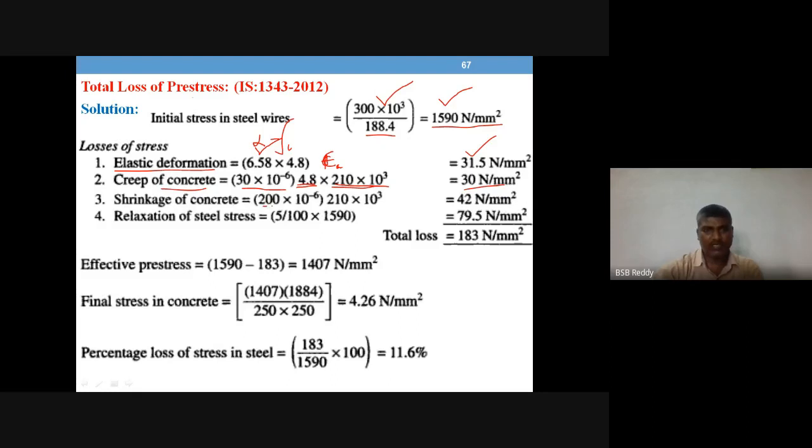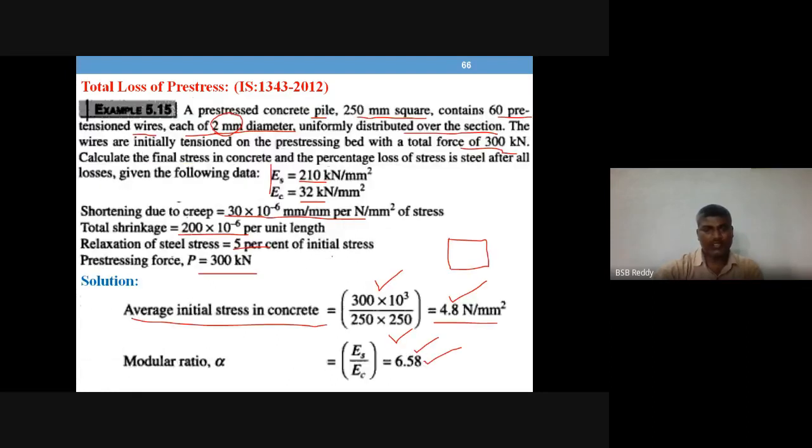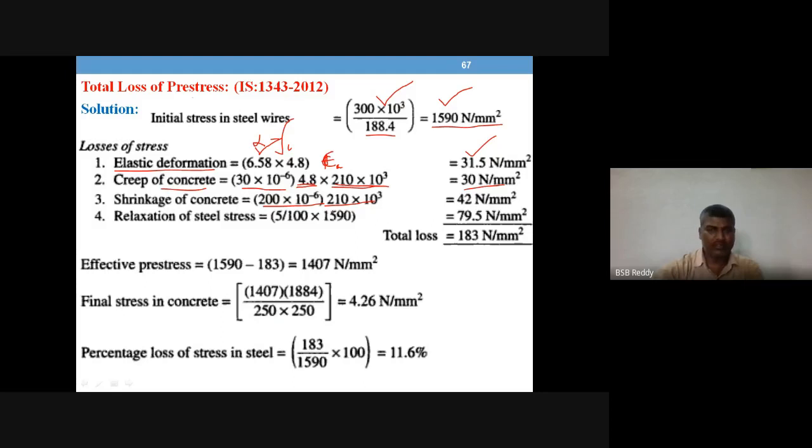And shrinkage of concrete, the shrinkage strain given to you is 200 into 10 power minus 6. Shrinkage strain into Young's modulus. And then your relaxation loss, just as in the last problem, is a percentage. So 5% of 1590 is lost. So total put together is 183. So effective stress is 1590 initial stress, loss 183, and remaining 1407.